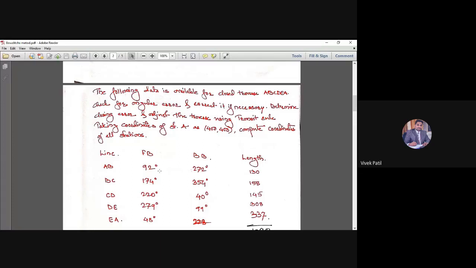It appeared in the examination of the 15 scheme for 10 marks. The total paper was for 80 marks in the 15 scheme. Now for the 18 scheme it will be for 100 marks, so it will be a 16 marks full question.